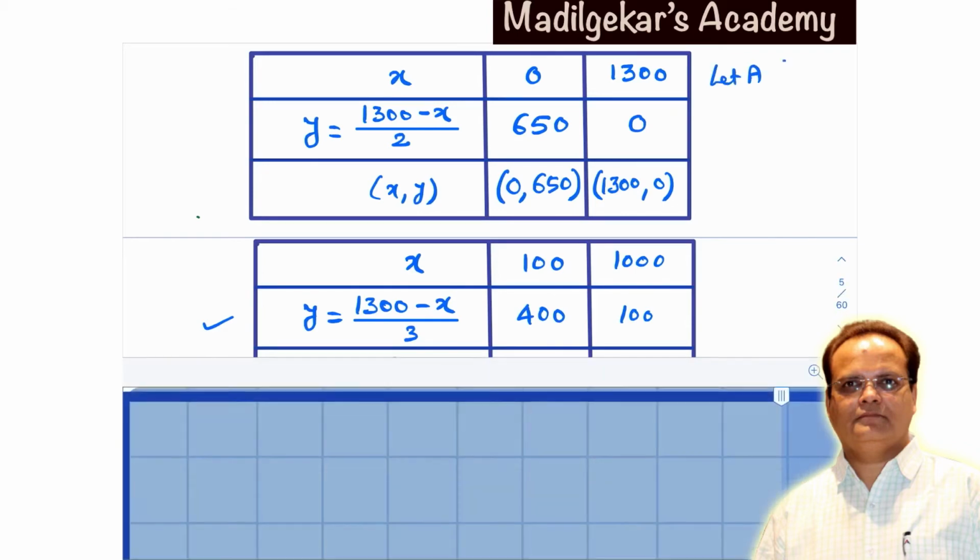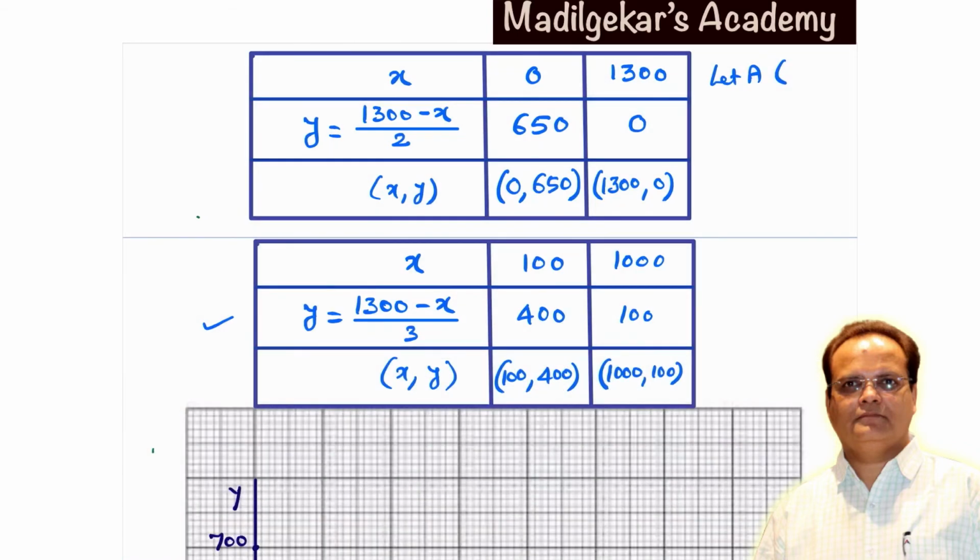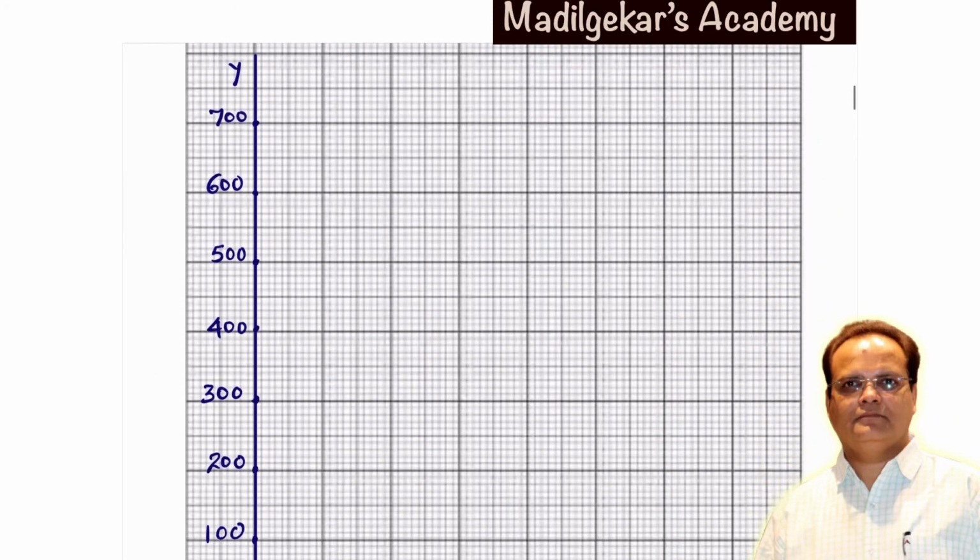So let A be (0, 650), B (1300, 0), C (100, 400), and D (1000, 100). Let us plot these 4 points on a graph paper.